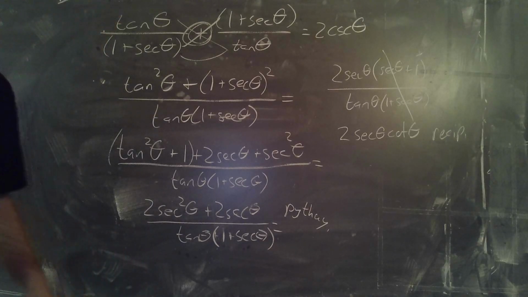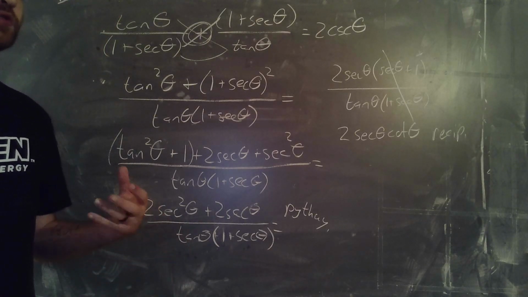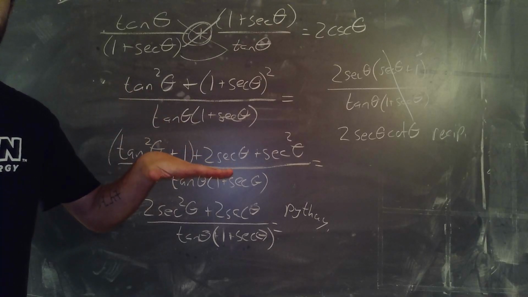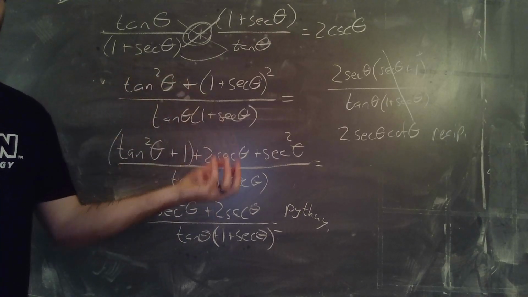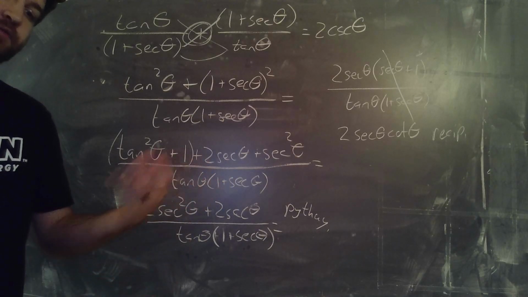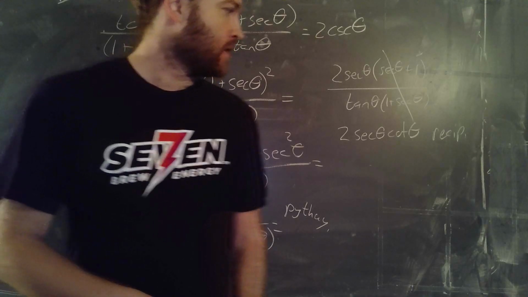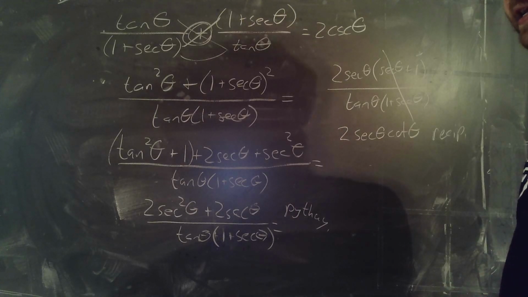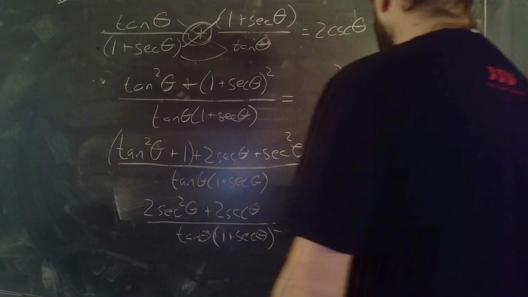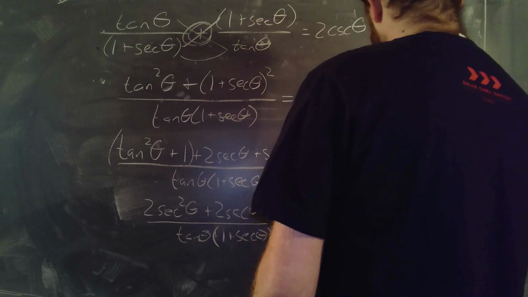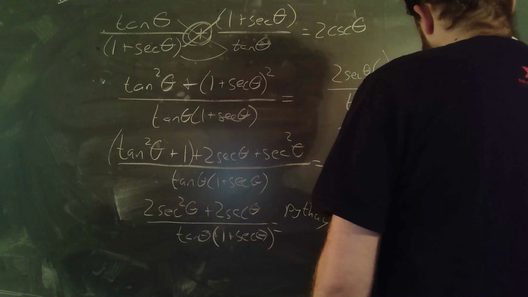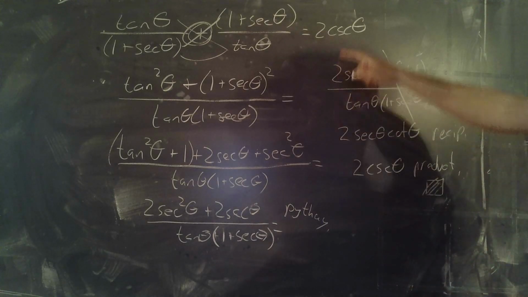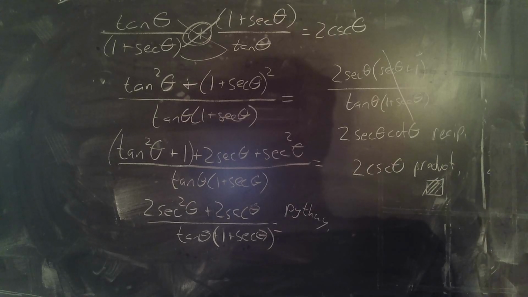So we have 2 secant theta times cotangent of theta because remember 1 over tangent of theta is just cotangent, or in other words, if you have a tangent in the denominator, you can move it to the numerator and change it into a cotangent and vice versa. So then we can identify that secant times cotangent is on our hexagon. It is a product identity and it is just equal to cosecant of theta by the product identities. And that is precisely what we were supposed to end with on the right-hand side.